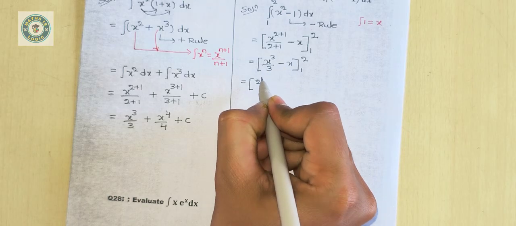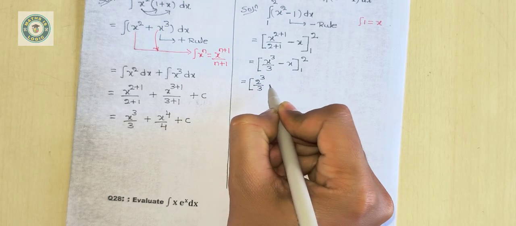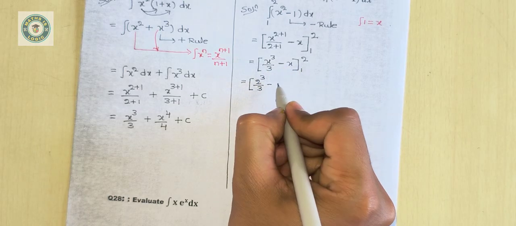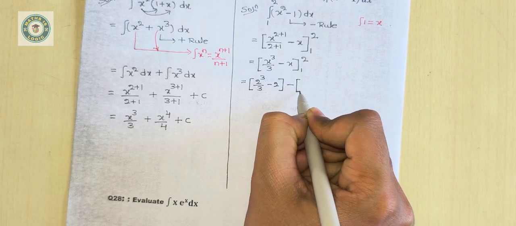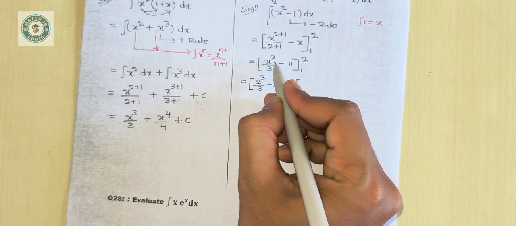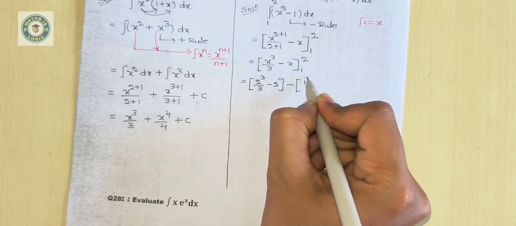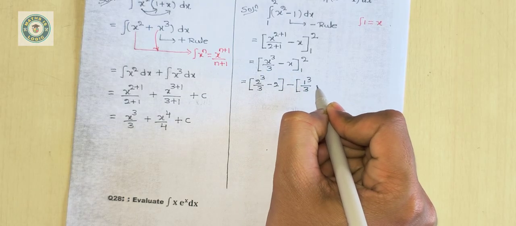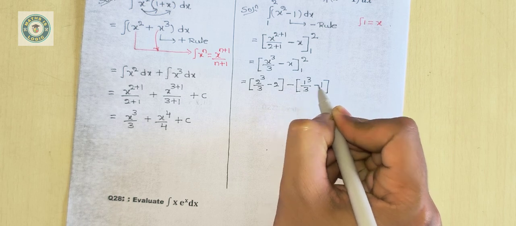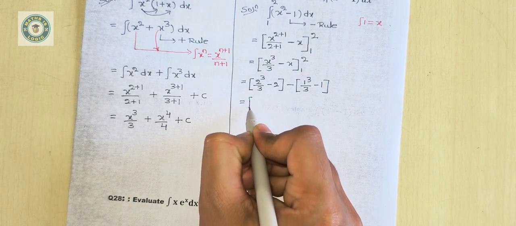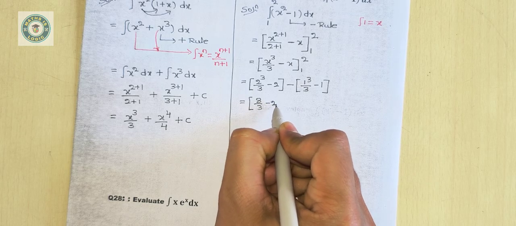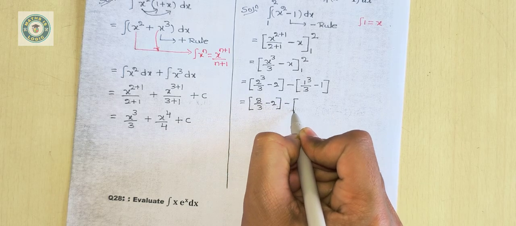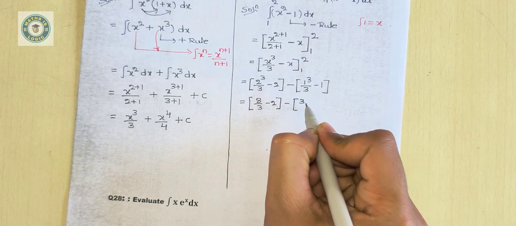So it is 2 to the power 3 divided by 3 minus 2, middle always negative sign. Next the lower limit is 1. In place of x substitute 1 to the power 3 divided by 3 minus 1. Next simplify. 2 to the power 3 means 8 divided by 3 minus 2, minus 1 to the power 3 means what?